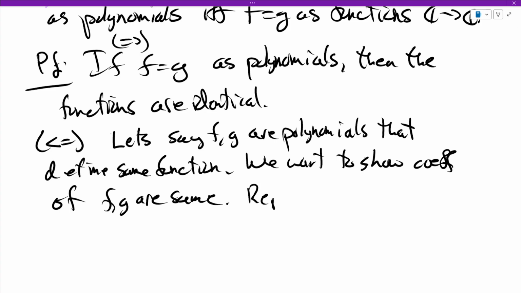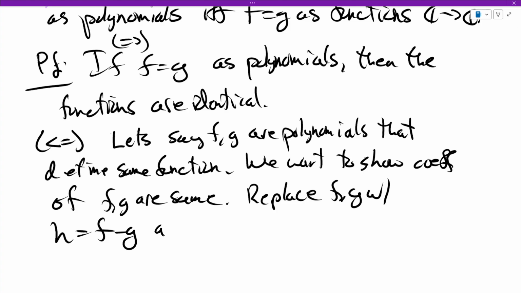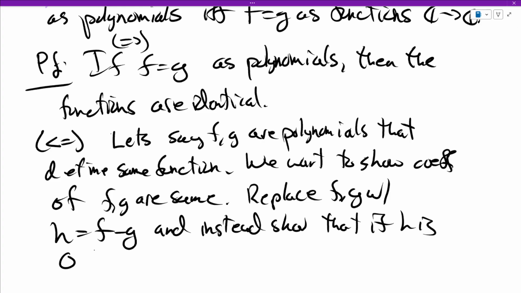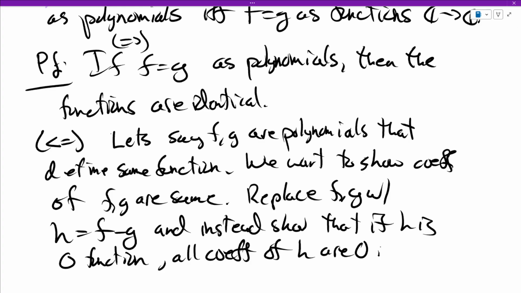We're going to replace f and g with the difference of them, and instead show that if h is the 0 function, all coefficients of h are 0. Right? Because if f and g are equal as functions, f minus g has to be the 0 function.